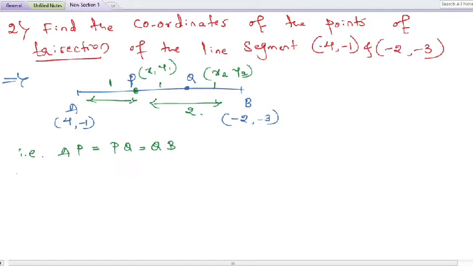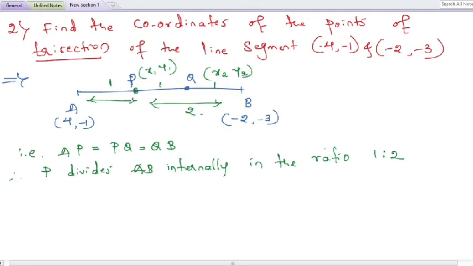Therefore, P divides AB internally in the ratio, in what ratio? In the ratio 1 is to 2, because here this P divides, 1 plus 1 is 2, P divides AB in the ratio of 1 is to 2.